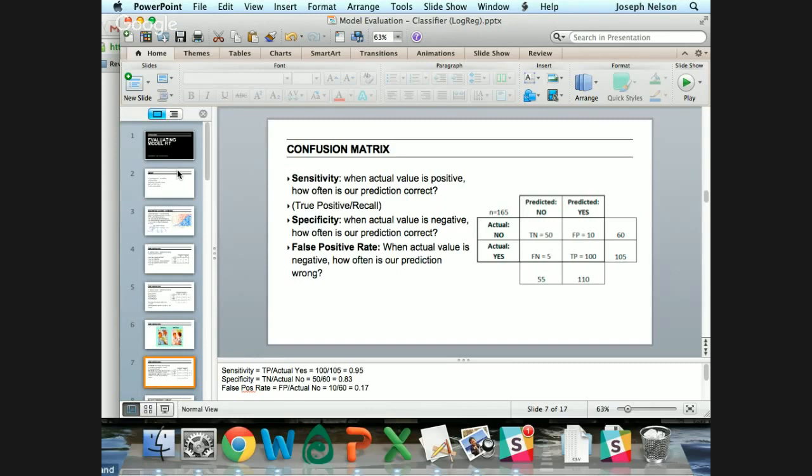Incorrect no's are also very important, and we'll talk about that in the context of disease detection and stuff. It's calculated the exact way you would believe, an important metric. However, 3 things you should be concerned with: sensitivity, specificity, and then false positive rate.